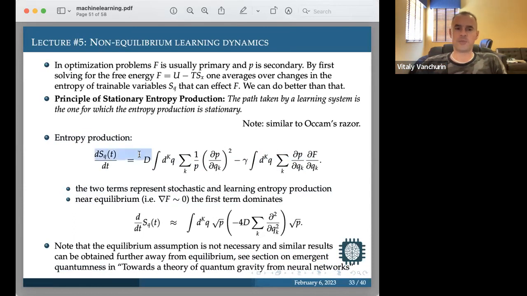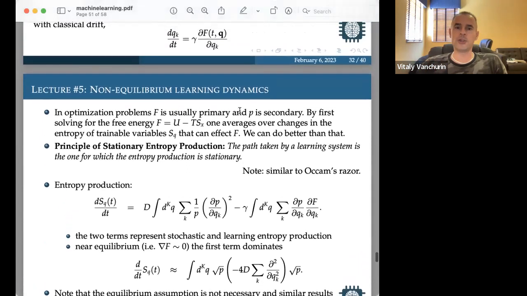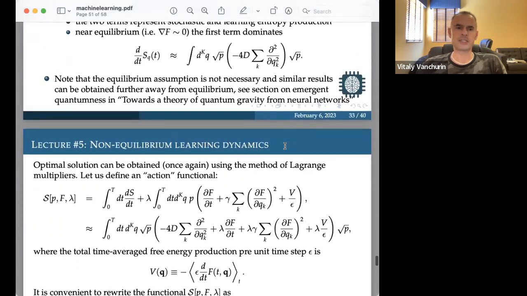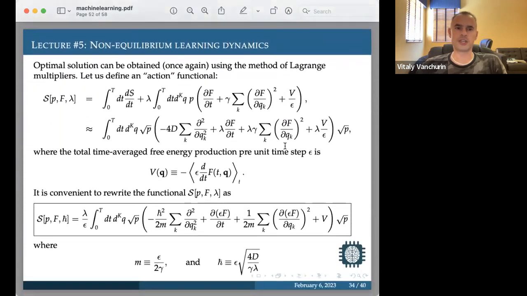So we have entropy production, and we have a principle that says that the learning system must take a path for which entropy production is stationary. Now, that's a principle, but it has to respect all of the constraints. And the only constraint we have is that the free energy has to evolve in a certain way. And so that puts us in the position of setting up a variational problem, just like what we had before, again the method of Lagrange multipliers.